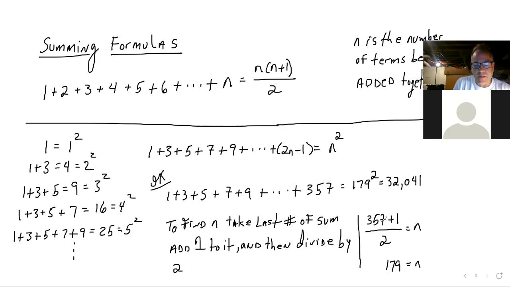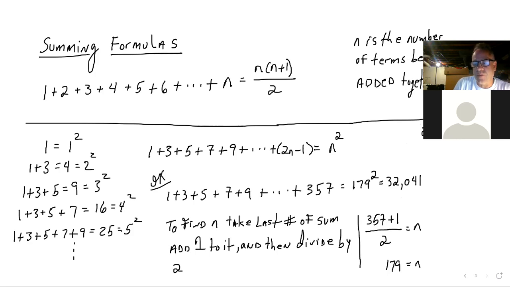One thing to note about how I said to find the number of odd numbers you've added up here. If I had just given you the little algebraic equation, 2n minus 1 equals 357, and said solve that, how would you solve this for n?